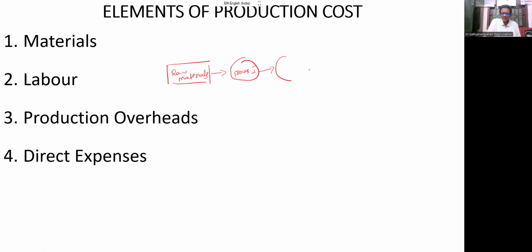Then process 2, this is stage 2. Then process 3, that is stage 3. There may be 3 or 4 stages, there may be even 10 stages, depending upon the nature of the product and the nature of production. Finally, finished goods, the output.